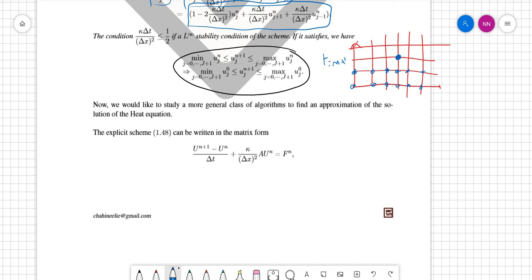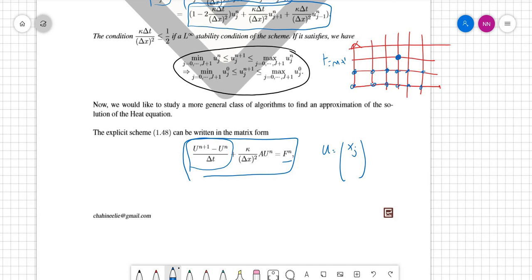So if we want to write the explicit scheme in the matrix form, if u now is the vector given by all the xj's, and accordingly f is the vector given by all the f's with respect to the xj's, then in here we have the explicit approximation of the derivative of u with respect to time, and here we have this explicit approximation in time, and this will be the discretized form of our equation.